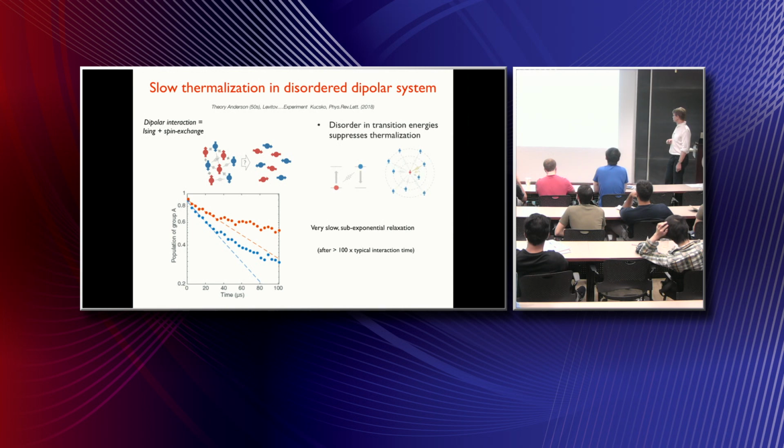And the physics of that is the following. If you prepare these two groups and you ask how fast they will exchange the excitation, of course, if they're in resonance, then this exchange will be very, very fast. But in practice, if there is disorder, most of them are not in resonance.